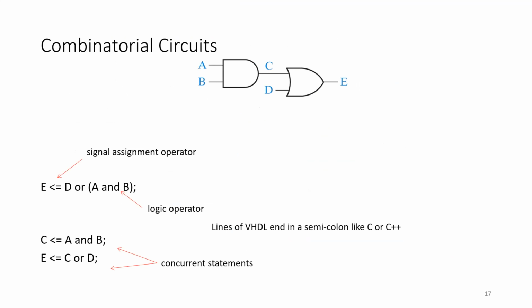So C could be a signal. I can use C as a signal, especially in this version. Here C is an output receiving A and B. Then I am using C as input for E. In this case, C will be a signal.